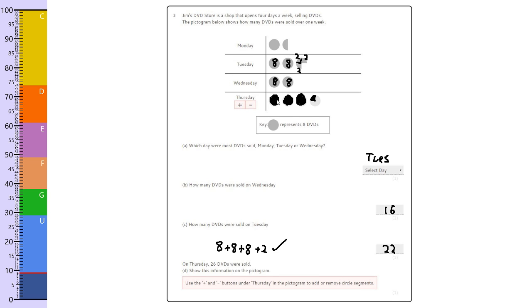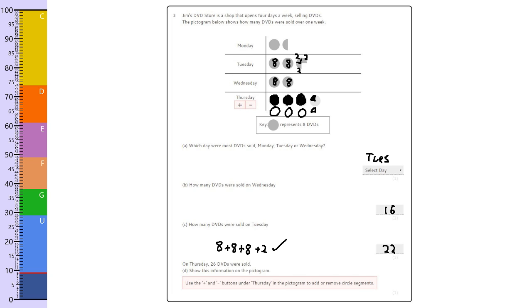Some people will shade these in like I'm doing. With these pictograms, they don't mind you just drawing the circles. Just make it obvious that this last one is a quarter. These will normally be circles or squares, because they try to keep the drawing simple, because this is a maths exam and not an art exam.